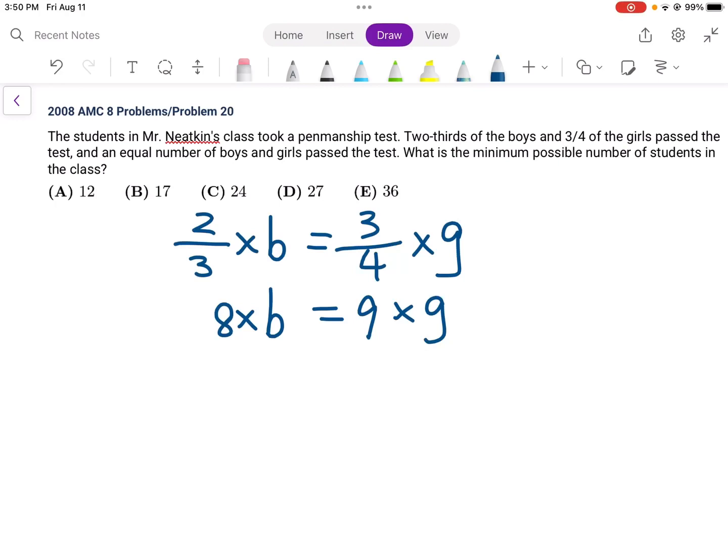Therefore, the minimum possible number for the boys should be 9, and the minimum possible number for the girls should be 8 to make this equation satisfied. So the total students should be B plus G equals 17. The answer is B.